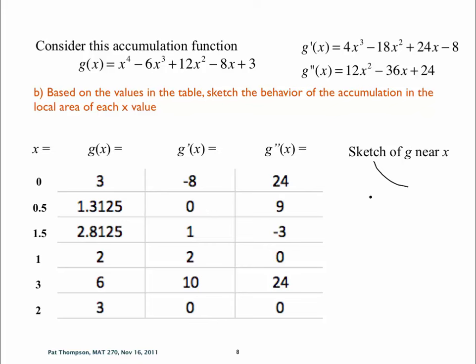What is that? We did it about 20 minutes ago. Local minimum. The function pauses while the rate is increasing. That's a local min.